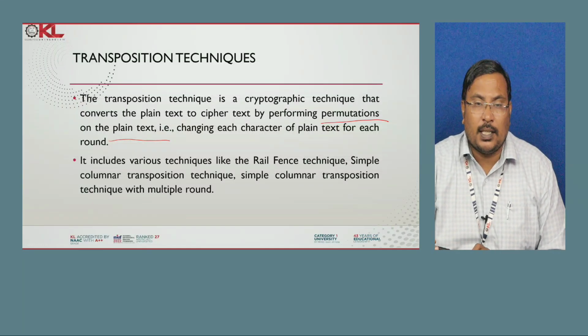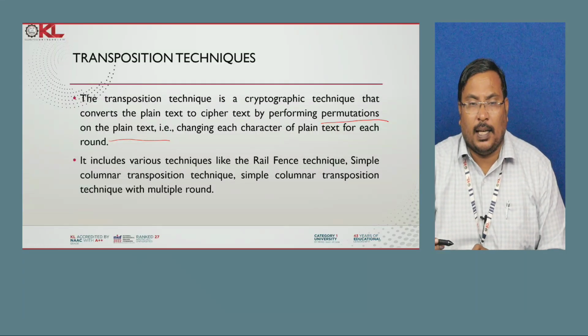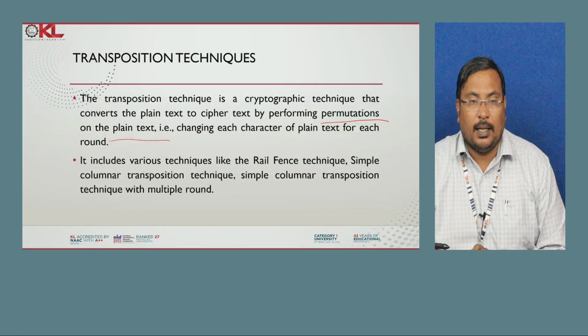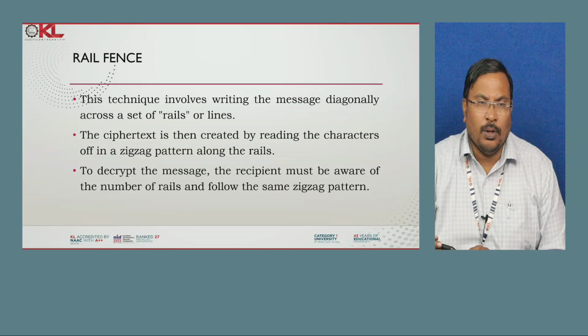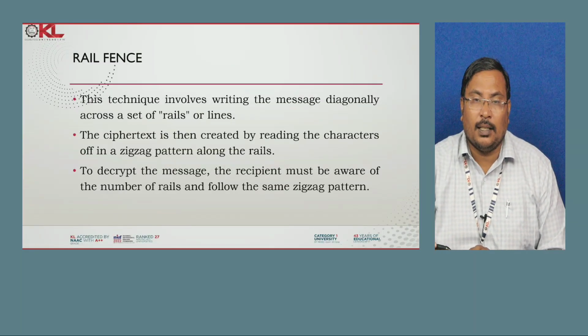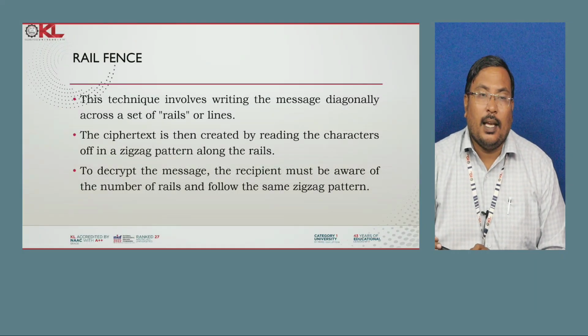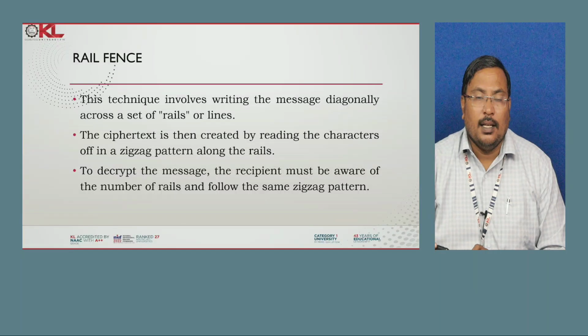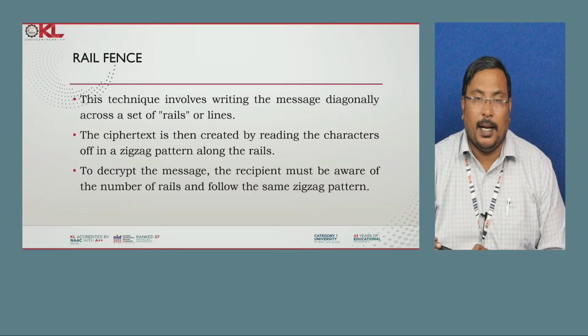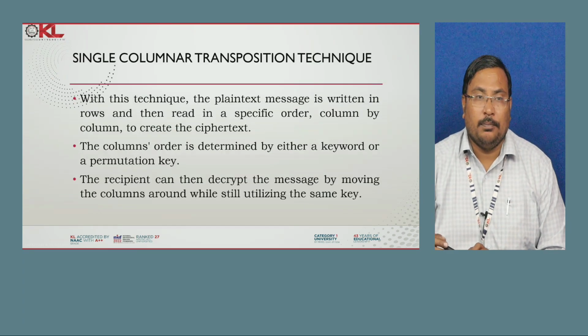It includes various techniques like the rail fence technique, simple column technique, double column technique, etc. The rail fence technique involves writing the message diagonally across a set of rails or lines. The ciphertext is created by reading the characters in a zigzagging pattern among the rails. To decrypt the message, the reverse process is performed.